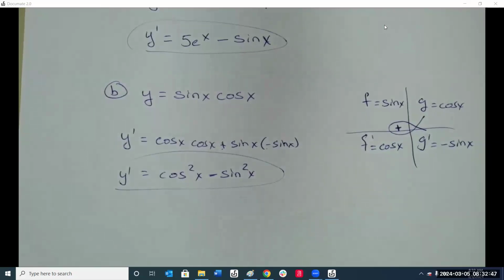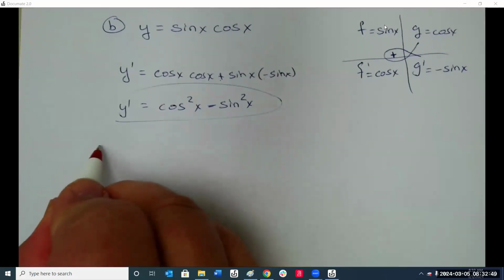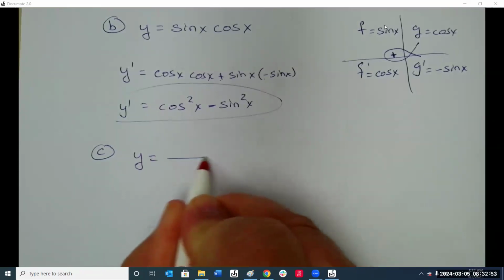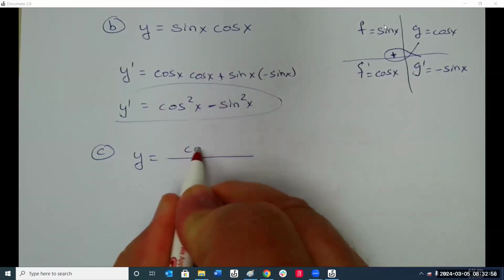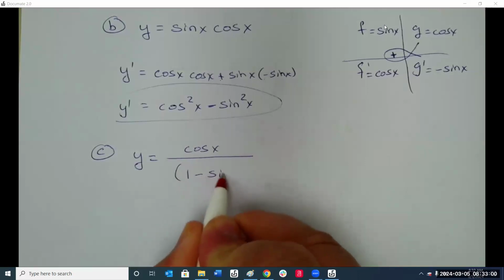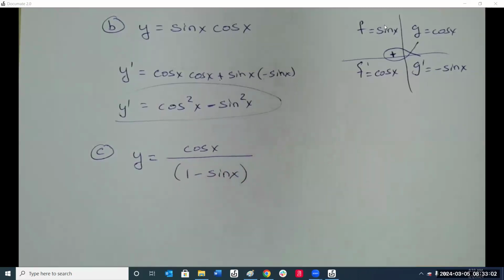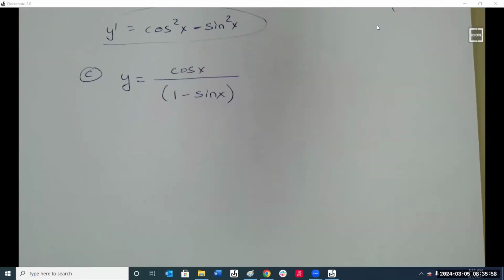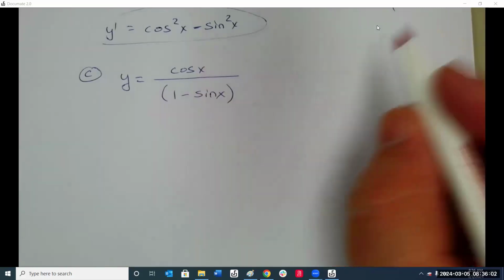All right, let's look at C. y equals cosine x over 1 minus sine x. Quotient rule. We have x's on top and bottom.